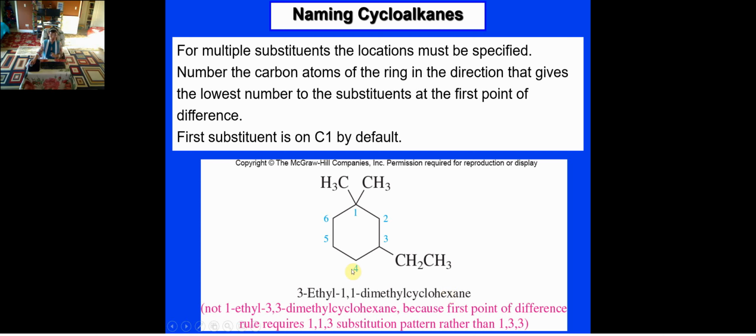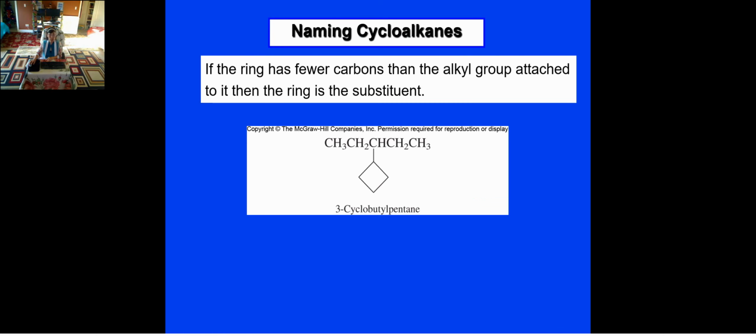You are not going to start counting from the ethyl-substituted carbon. The reason is you are going to have a 3,3-dimethyl, eventually making it 1,3,3 instead of 1,1,3. This second one has a larger locant, so that's not the preferred one.